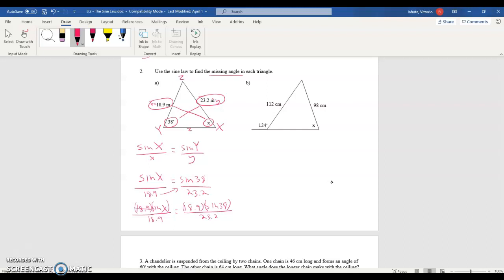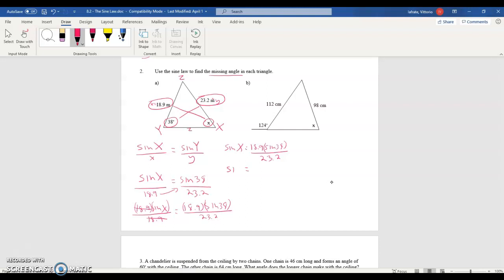And so I can cross the 18.9 out here. I'm going to continue to work over here. I get sine x is equal to 18.9 sine 38 over 23.2. And so I get that.